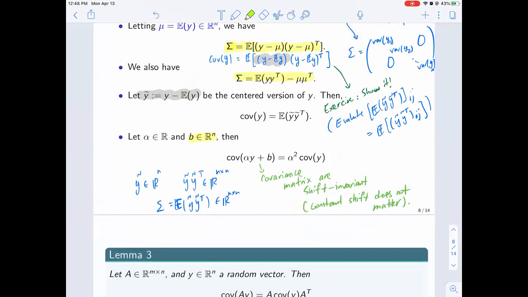So this is very important. It would be interesting to remember. So it matters that it's non-random. Constant here means non-random. If it's a random quantity, then this doesn't hold anymore. Okay? Does that make sense?